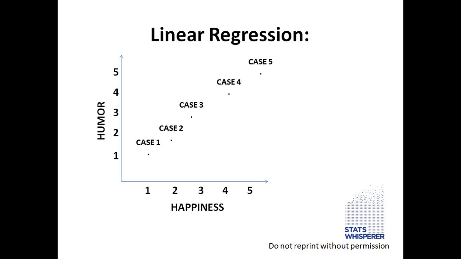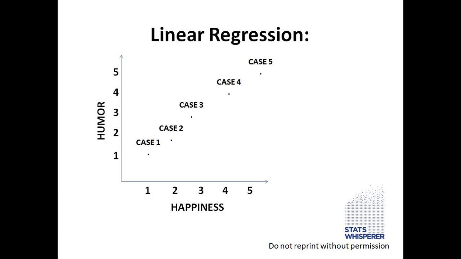They also scored a 1, therefore indicating that a low amount of humor was associated with a low amount of happiness. Then, going diagonally, there's case 2. They scored a 2 on happiness, and also a 2 on humor.